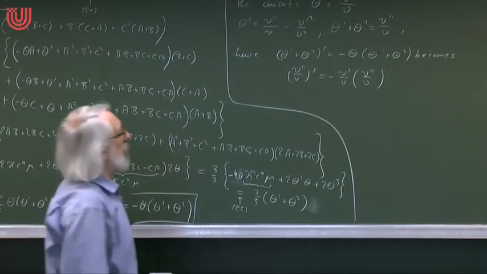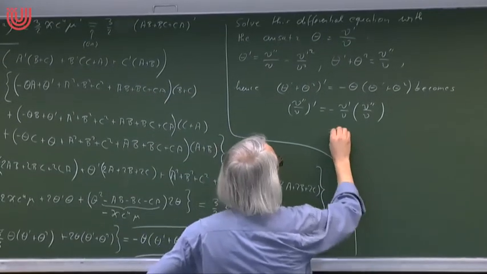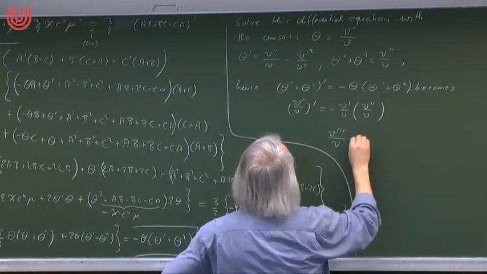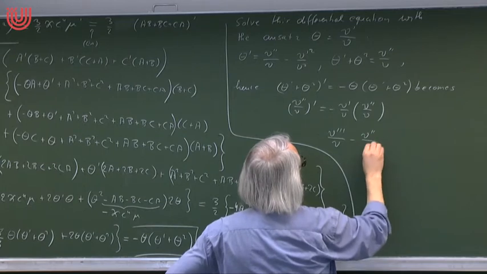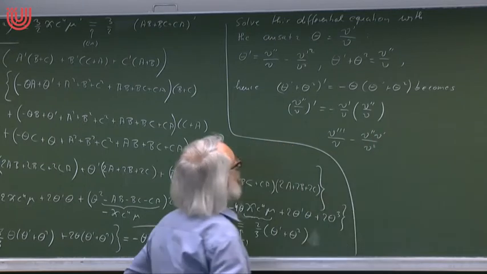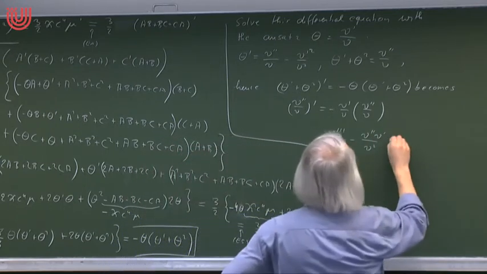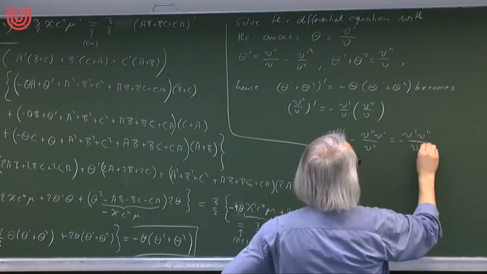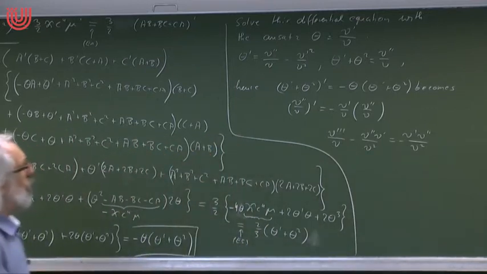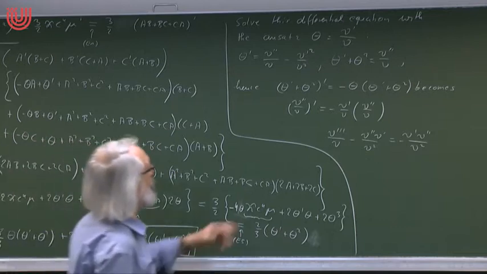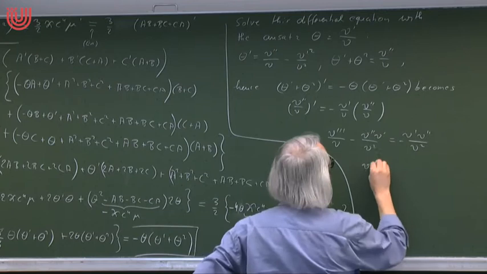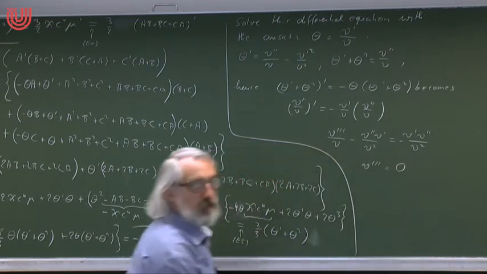If I multiply the left-hand side out, I get v triple prime over v minus v double prime over v squared v prime. And on the right-hand side, I have minus v prime v double prime over v squared. So as always, solving a differential equation relies on having a good idea how to do this. And here's a good idea with this ansatz, because now our differential equation is just v triple prime is 0.